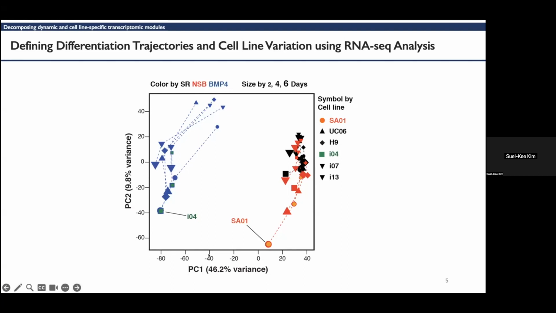Principal component analysis showed that PC1 reveals major gene expression changes associated with the mesendoderm differentiation triggered by BMP4 treatment, and PC2 showed progressive changes during differentiation time for all the conditions. Although all 6 cell lines moved along a similar trajectory in this space, cell line differences are also evident along the differentiation trajectories.